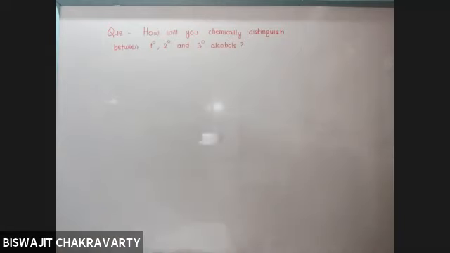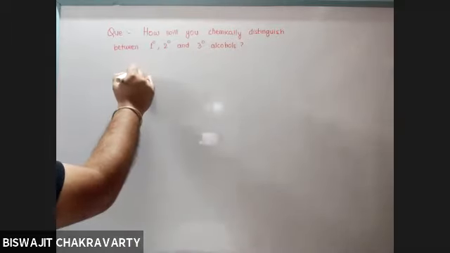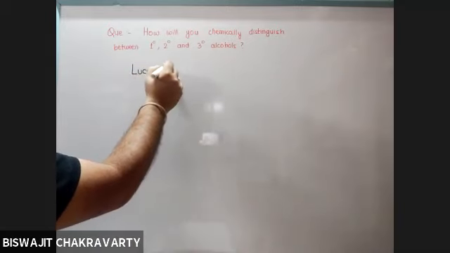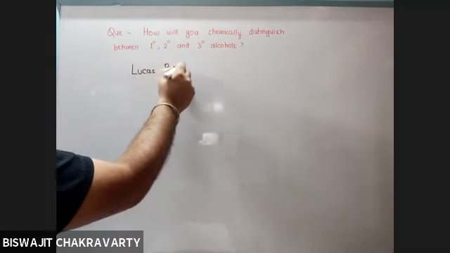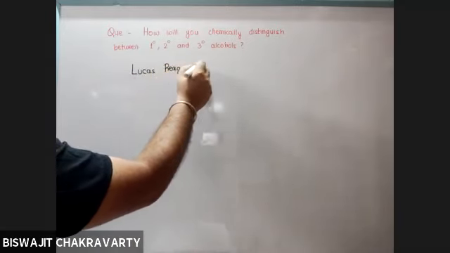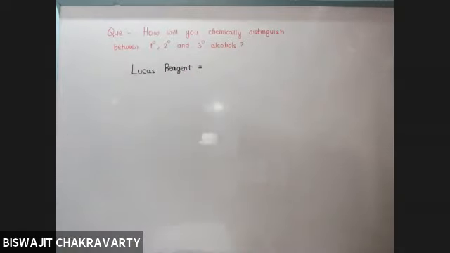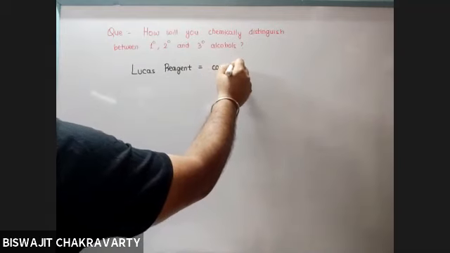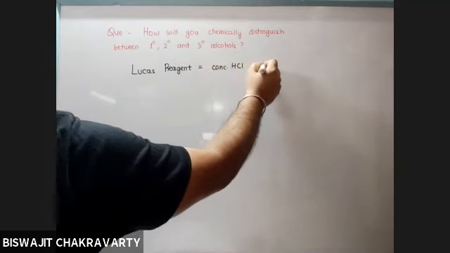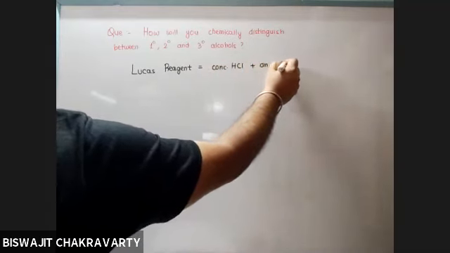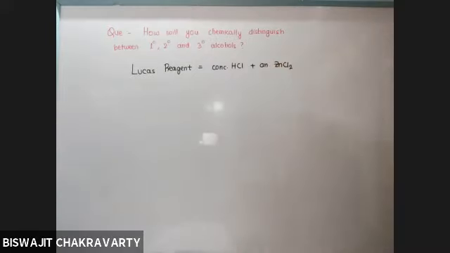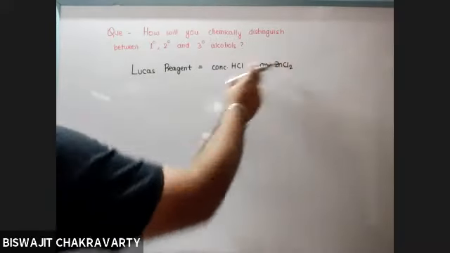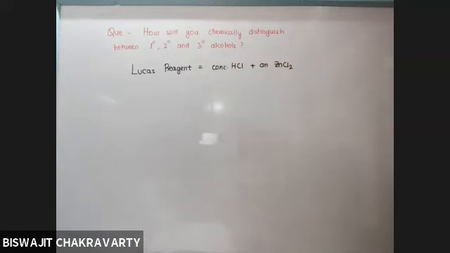There is a test called Lucas test. The reagent which is used in Lucas test is called Lucas reagent, which is a combination of concentrated HCl and anhydrous ZnCl2. Remember, this combination is called Lucas reagent.